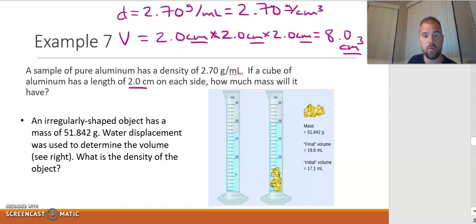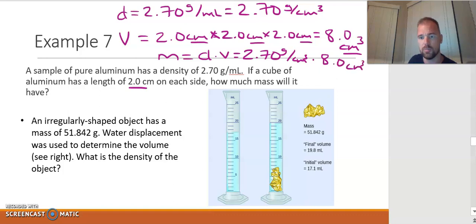So then, to figure out what the mass would be, I would take my density times my volume. My density is 2.70 grams per centimeter cubed, and I would multiply it by 8.0 centimeters cubed. Notice that when I multiply those, the centimeter cubed will cancel, and I'd be left in grams.